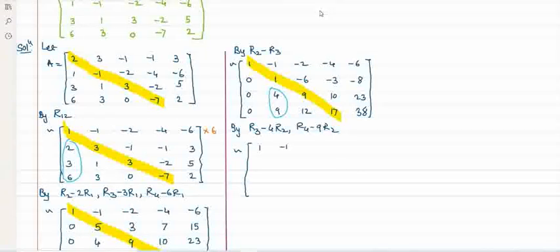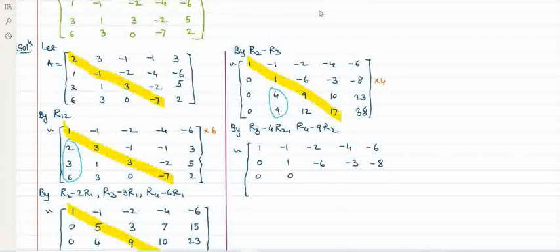1, minus 1, minus 2, minus 4, minus 6, 0, 1, minus 6, minus 3, minus 8. Second row, you have to multiply by 4 and then subtract. 0 minus 0, 4 minus 4.